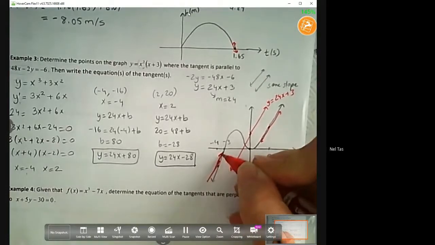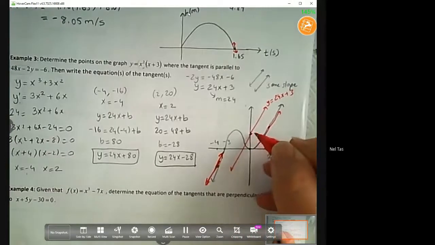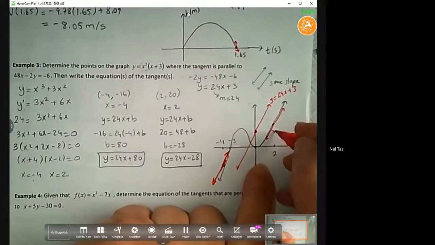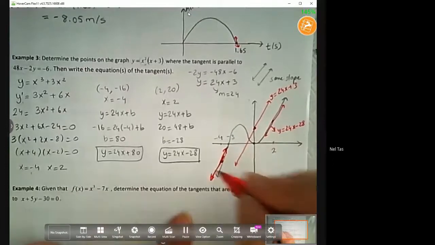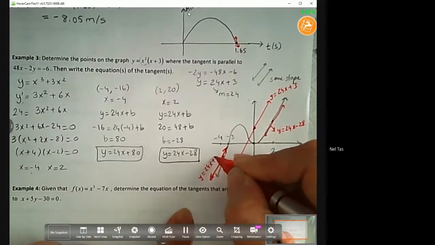So as you see, these three lines are parallel. Okay, and we got that the equation of this line is y equals 24x minus 28, and the equation of this line is y equals 24x plus 80.